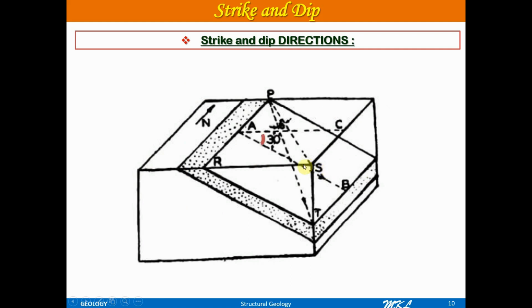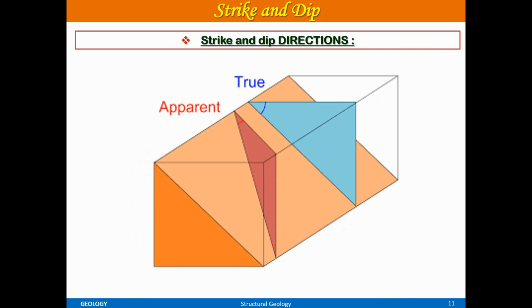So this angle will be your true dip, and this angle, the angle TPS, you can see, TPS will be smaller than the angle BAC. So BAC is the true angle and this one is the apparent angle.